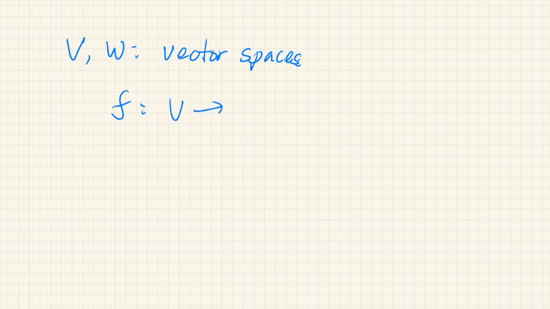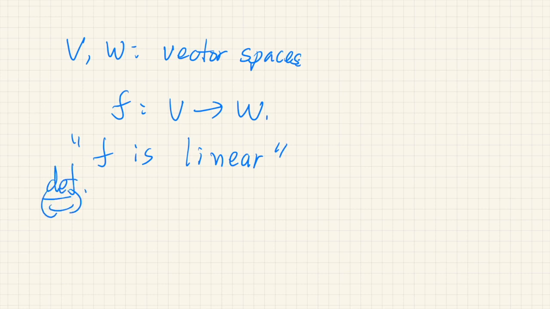First, let V and W be vector spaces, and F be a map from V to W. We say this F is a linear map if the following two conditions are satisfied.